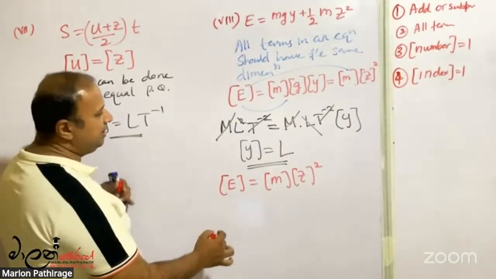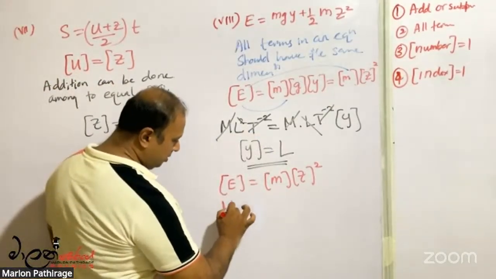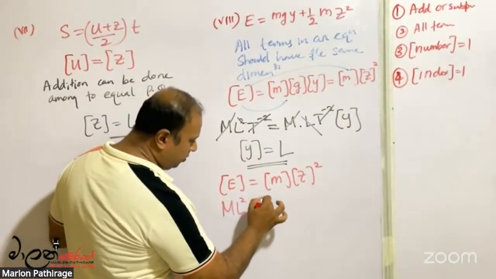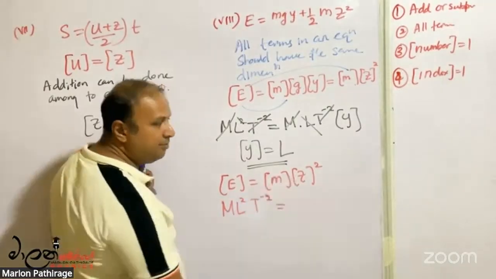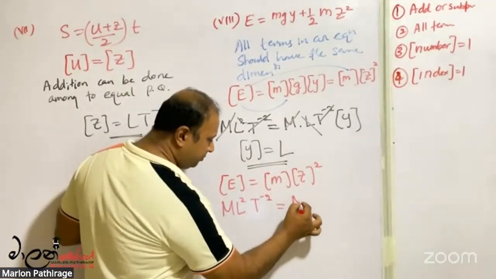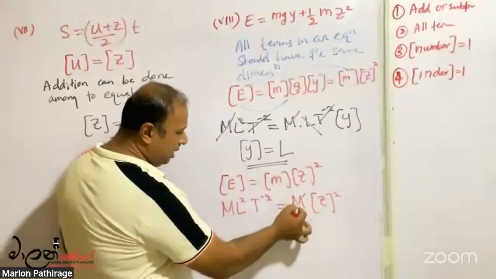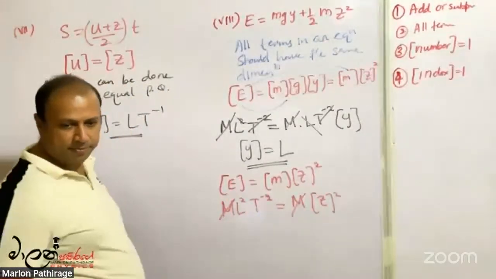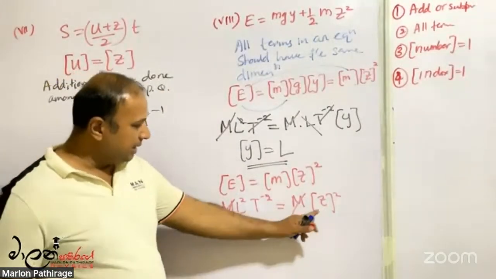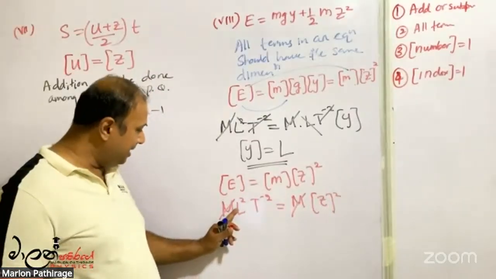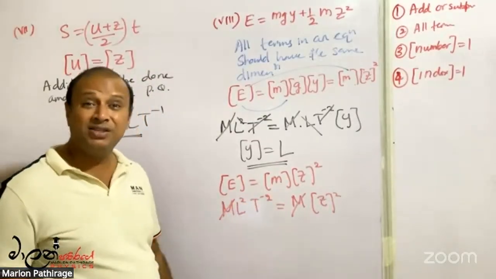Dimension of E means M L square T minus 2. Dimension of M is M. Dimension of Z square. Therefore, M will be cancelled out. Z square is equal to L square T minus 2.